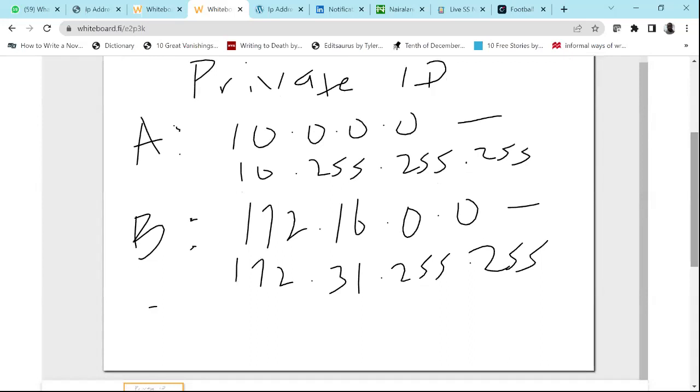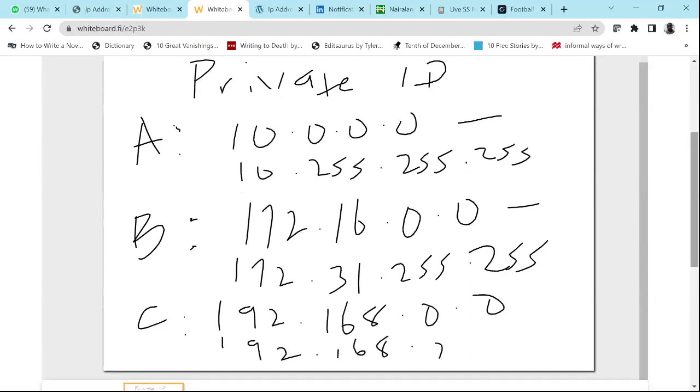And then for class C is 192.168.0.0 to 192.168.255.255. So those are the ranges for your private IPs. For class A, for class B, for class C.